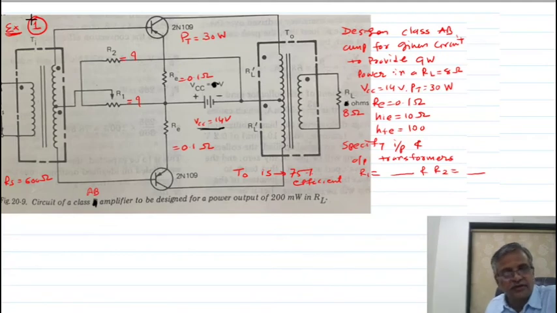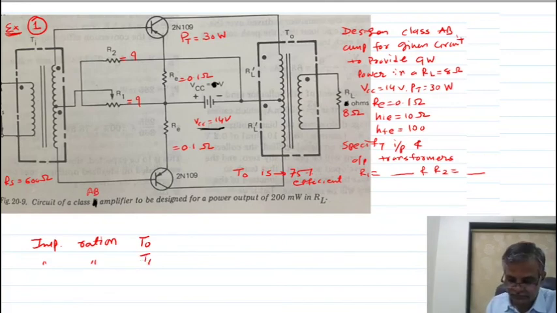Listen now, this numerical I am giving you for the true and false question on a Moodle platform. On the Moodle platform, you have to specify the impedance ratio of TO and impedance ratio of TL first, and second the values of R1 and R2.